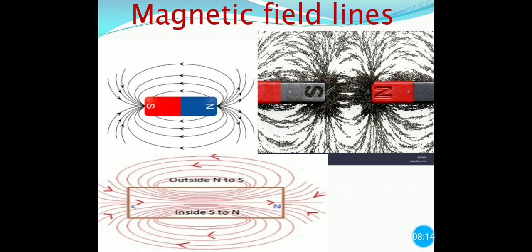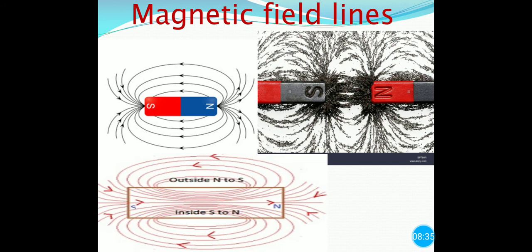Magnetic field lines originate from the north pole and enter the south pole of the magnet outside the magnet, but inside the magnet the direction of magnetic field lines is from south to north.